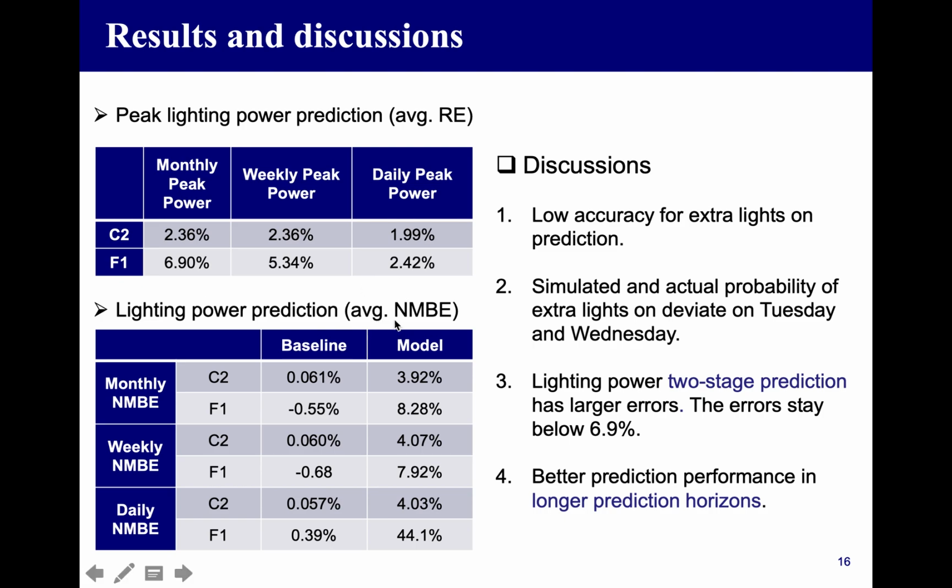And we also looked at the NMBE for the lighting power prediction. We looked at monthly, weekly, and daily NMBE, and we found that there's a better performance of the prediction models in longer prediction horizons. Here, we see that for daily prediction, we have a worse accuracy.